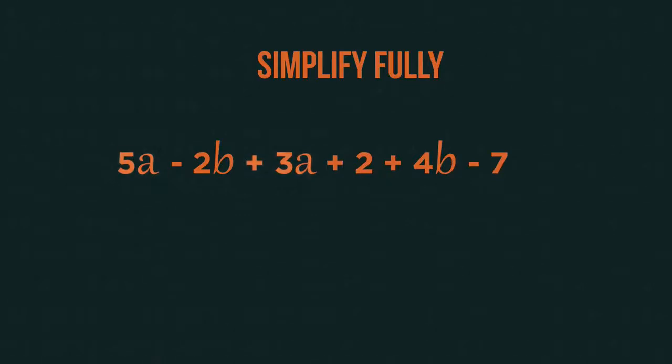So we can combine the a's to get 8a, then the b's, including the sign in front of each term, to get positive 2b, and finally the numbers to get negative 5. We cannot combine different letters, so this is the simplest form. This expression might represent 8 apples and 2 bananas, which are completely different things, so we can't combine them.